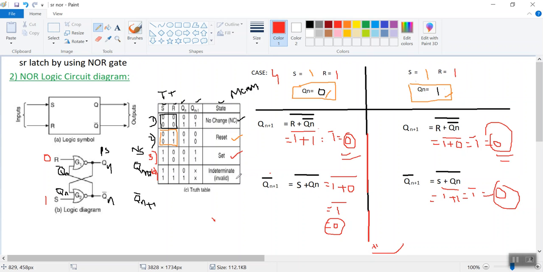Therefore, we can say that this is my invalid state or intermediate state. So when S and R values are 1 and 1, my state is the intermediate state. When S and R values are 1 and 0, correspondingly my state is the set state. So this is the concept regarding the SR latch by using NOR gate.